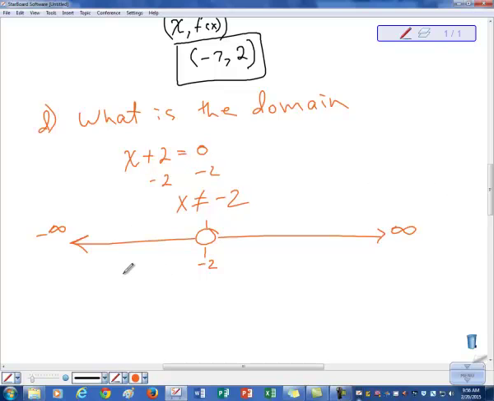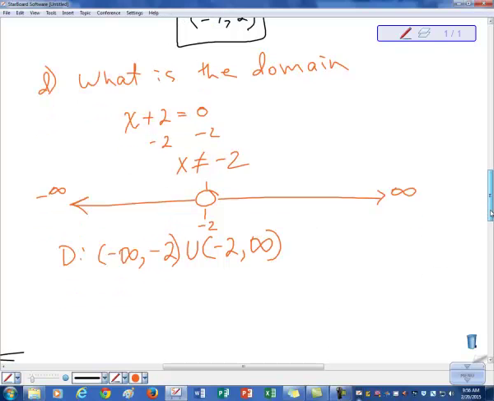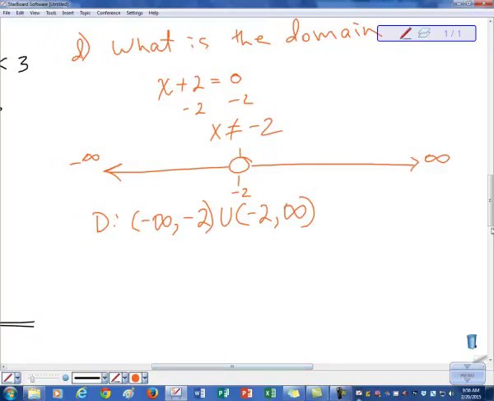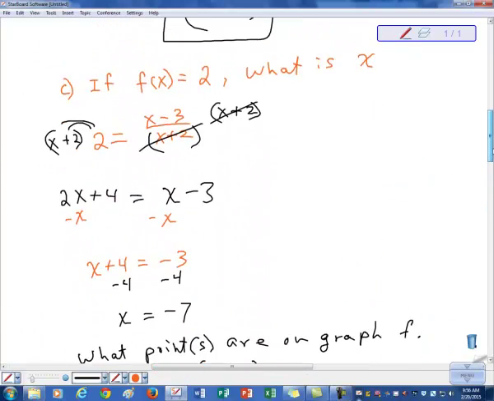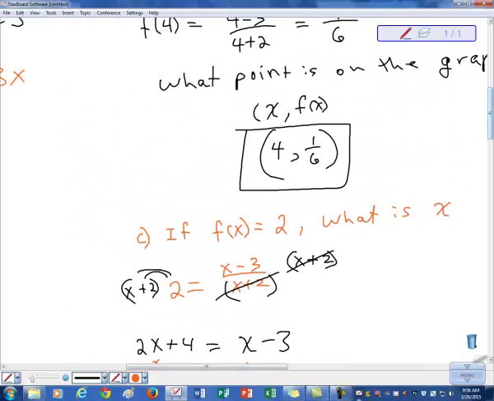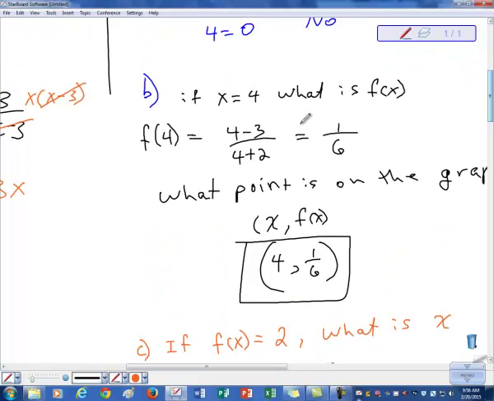So from here, you should be able to figure out it's going to be negative infinity to negative 2, open, union, negative 2 to infinity. Alright, that's our domain. Okay. Let me draw a line here to separate these parts.